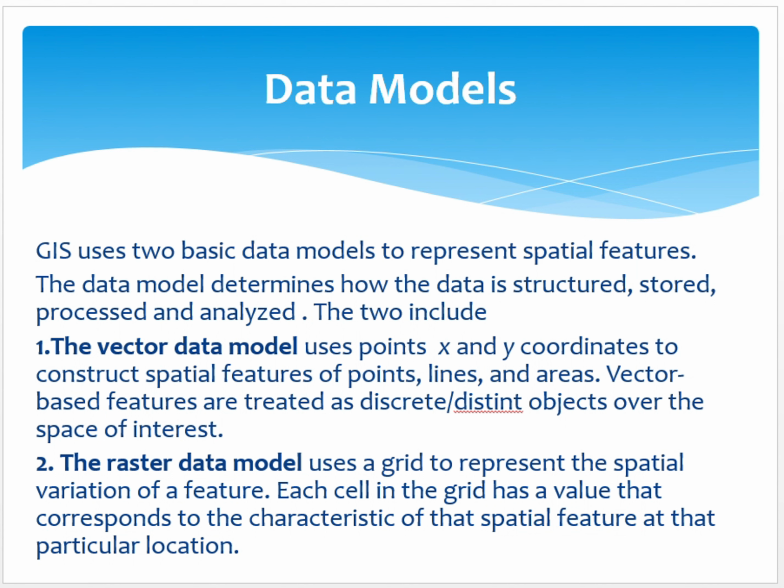Each cell is like a grid where you can have a value, and the characteristics of the spatial features are in that particular location. So it works with the grid. Those are the 2 data models in GIS, Geographic Information System.